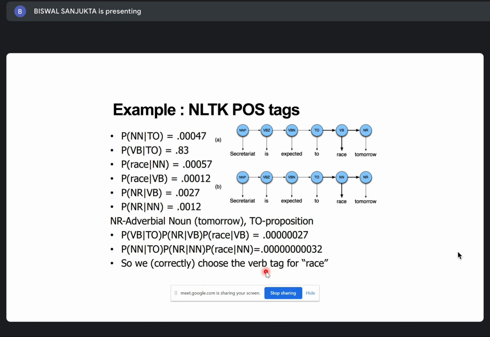If the question asks what would be the tag for race, you can say it is verb. But if it asks what is the correct tag for this sequence, then you need to say the correct tag would be NNP, VBZ, VBN, TO, VB, NR. So this will be the right tag.